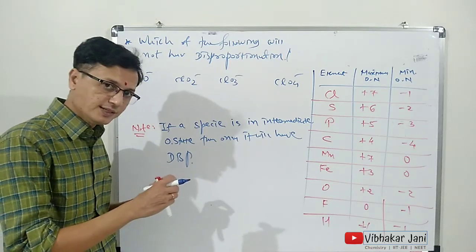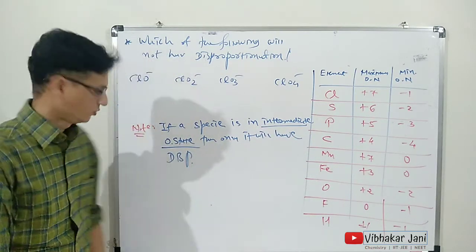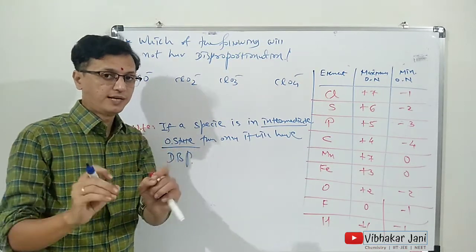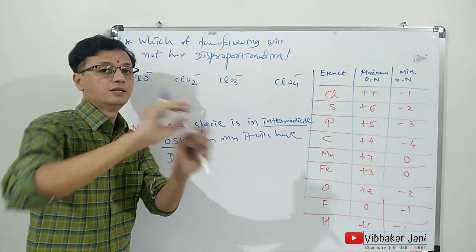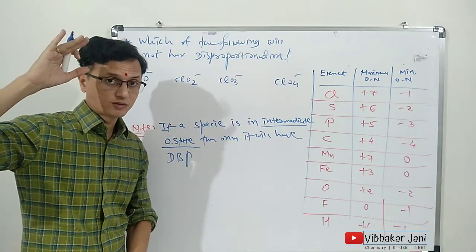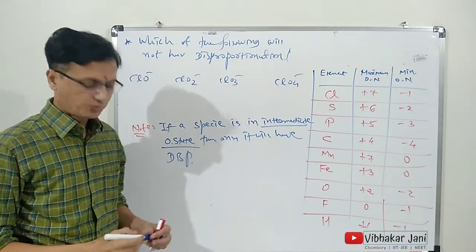If a species is having an intermediate oxidation state, you have to remember this note. Intermediate oxidation state should be there for a species to have disproportionation. That means if it is having the highest or lowest oxidation state, then it will not have disproportionation.